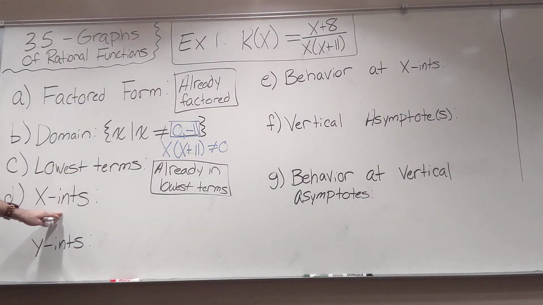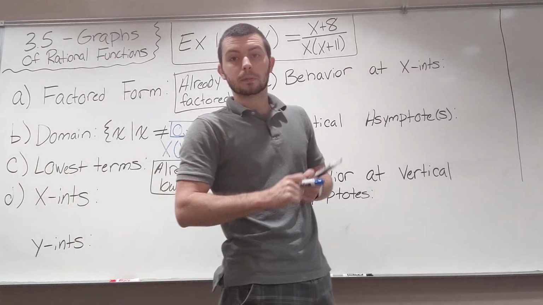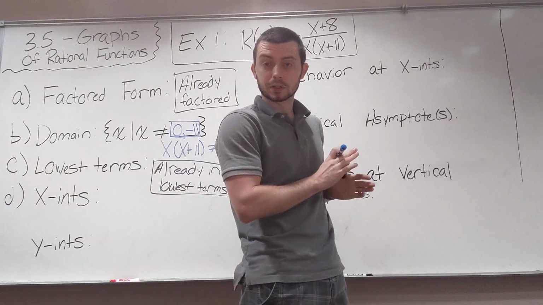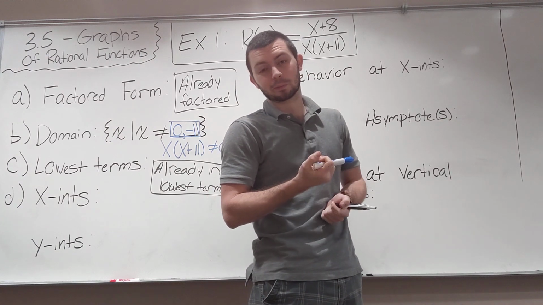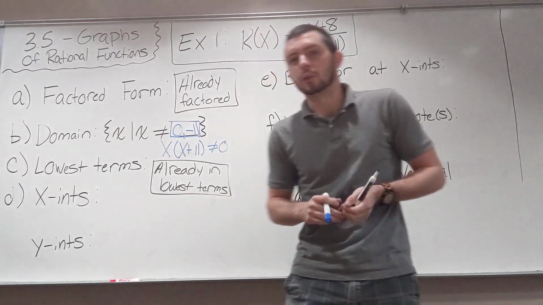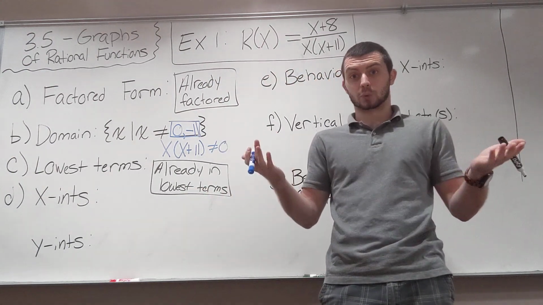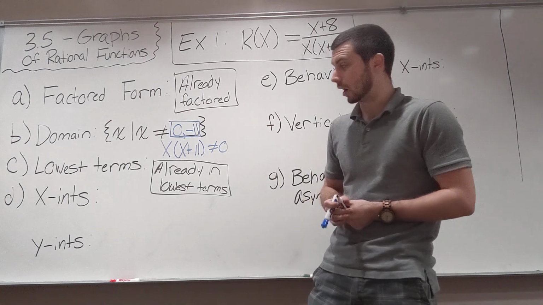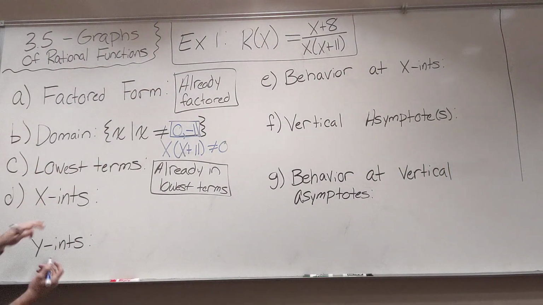Another way you can think about this is that the x-intercept of a rational function is when the numerator is set equal to 0. You don't have to know that, but if you like shortcuts, that is a shortcut I'm providing. So for the x-intercept, here's the scratch work.